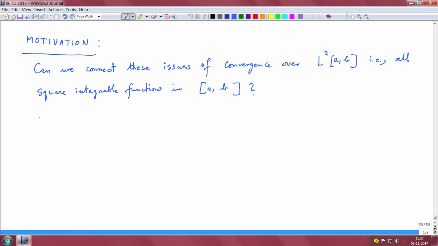Now, suppose f is a function that belongs to the square integrable functions. I am specifying the interval.